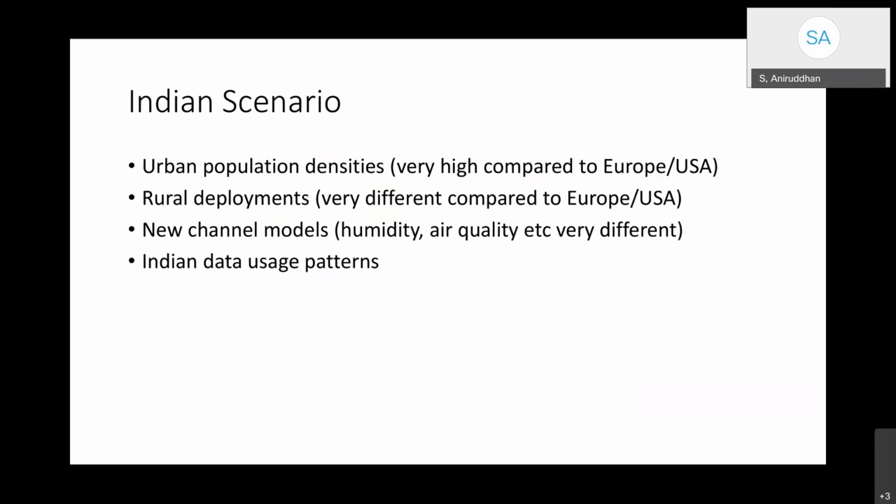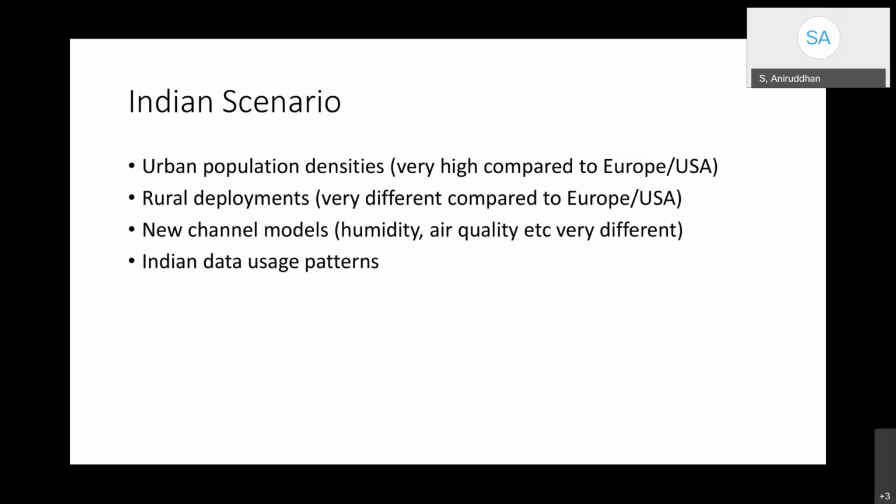Most of these companies are from Europe or USA, or maybe from East Asia, Japan, Korea, and nowadays China. Now, if you compare to Europe and USA, where a majority of the companies come from, the Indian cities have much higher urban population densities compared to these types of regions. The other thing is that rural deployments in India are quite different from what is envisaged in these types of countries, and I'll touch upon these in the next couple of slides.